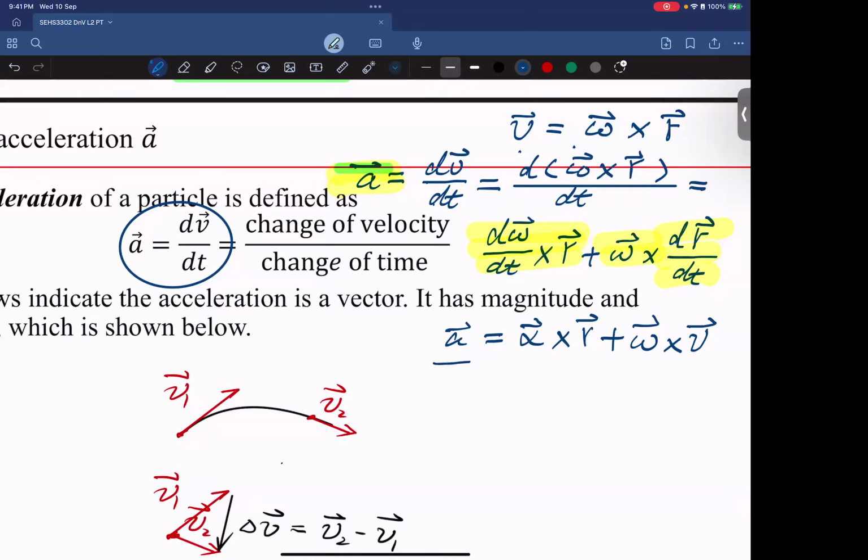So finally, we have the acceleration composed of two parts. First part, angular acceleration cross position, and then angular velocity cross velocity as the second part.